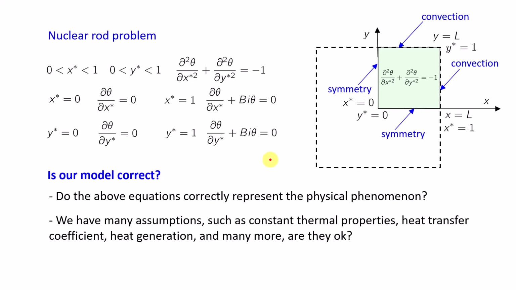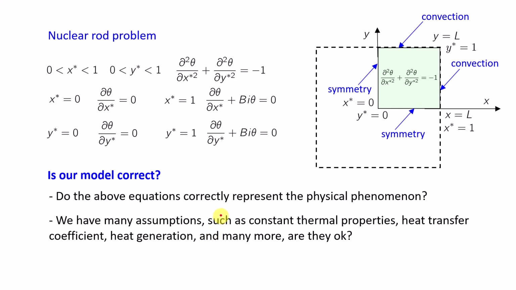So for the variables we are interested in, are we bringing them together properly? Then the second question is that we have many assumptions, such as constant thermal properties, constant heat transfer coefficient, constant heat generation, and many more in this case. Are these assumptions good enough so that, even with these assumptions, the results we get will match the physical phenomena?